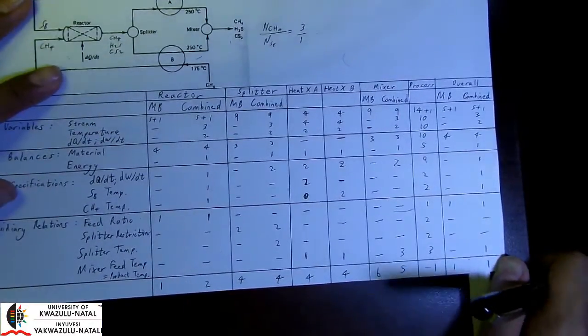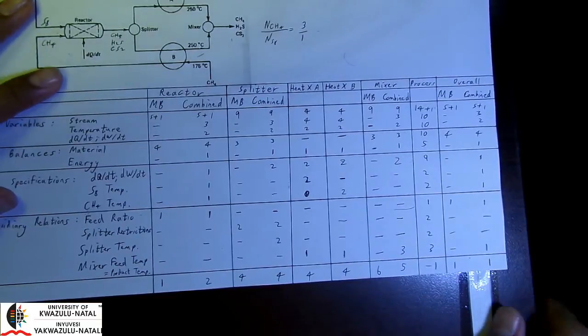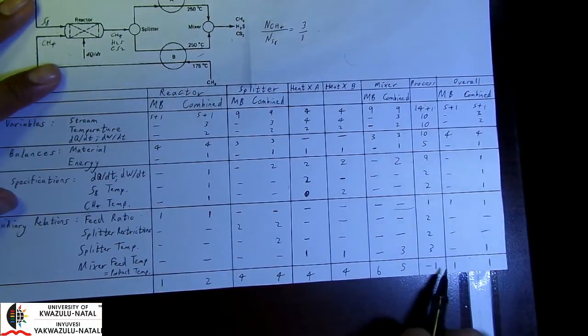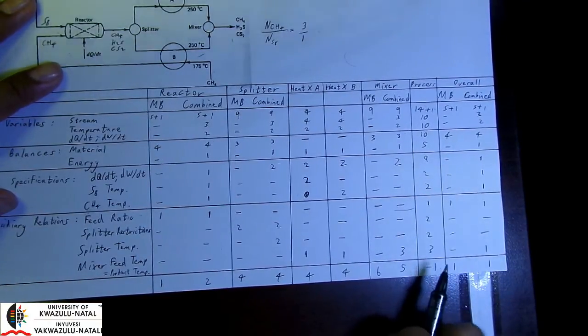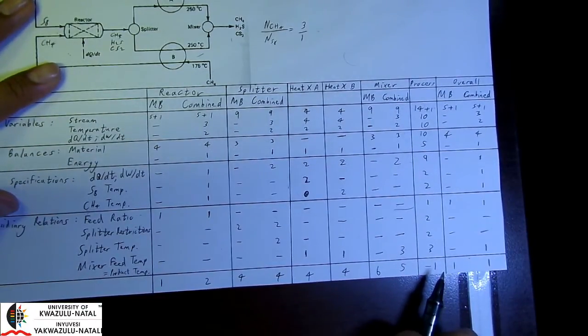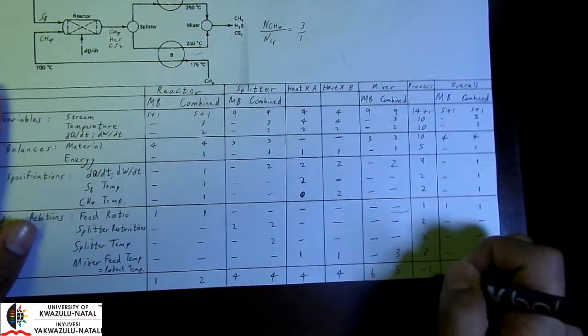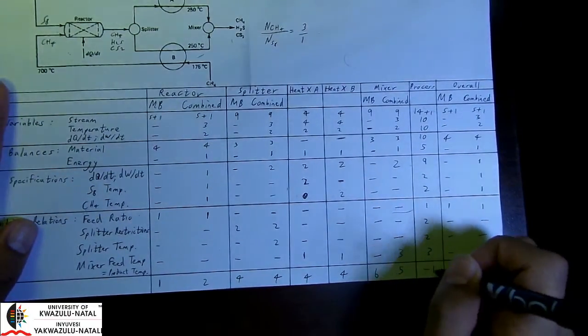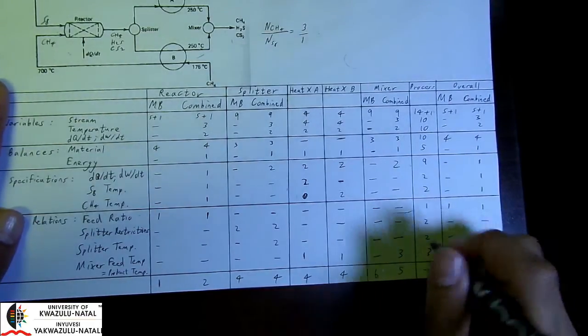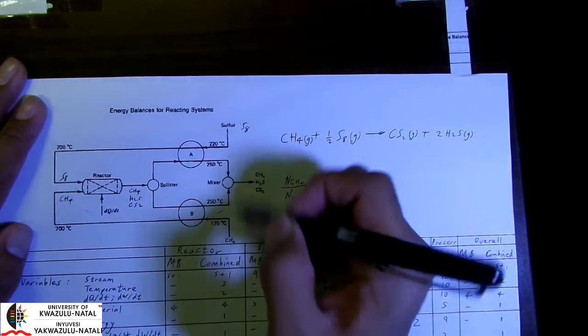Okay, now as you can see, we can't really solve any of the individual unit balances, but we do have more than enough information. My best guess is that we probably have too much irrelevant information, whereas we actually don't have more relevant information such as the actual feed flow rates.